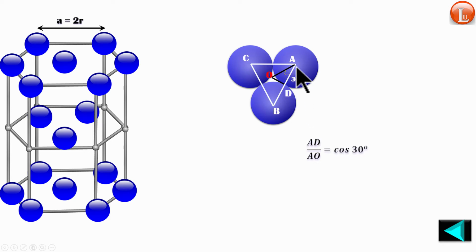And since I know AD is R, AO will be R upon cos 30 or R secant 30. And secant 30 is 2 by root 3. So AO is 2R by root 3. Now that is this hypotenuse AO.